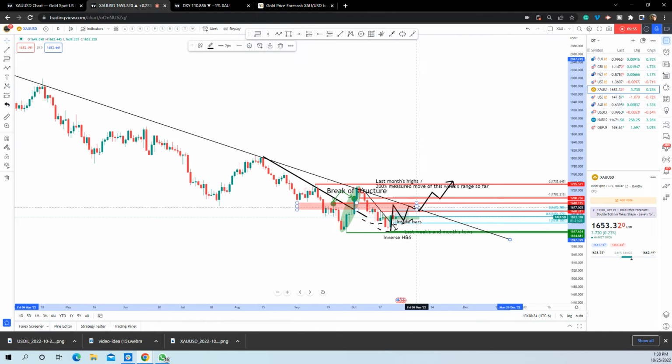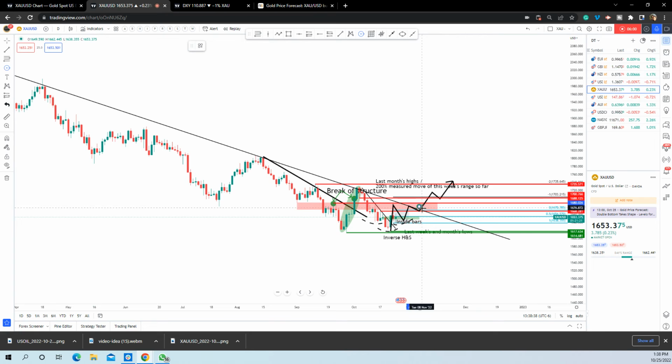So if we can get into here this week, this area, right? That's the target for the days ahead. So 1680. 1680, and then for a break of again 1687, right? 1688, 1690, call it, for the move up.